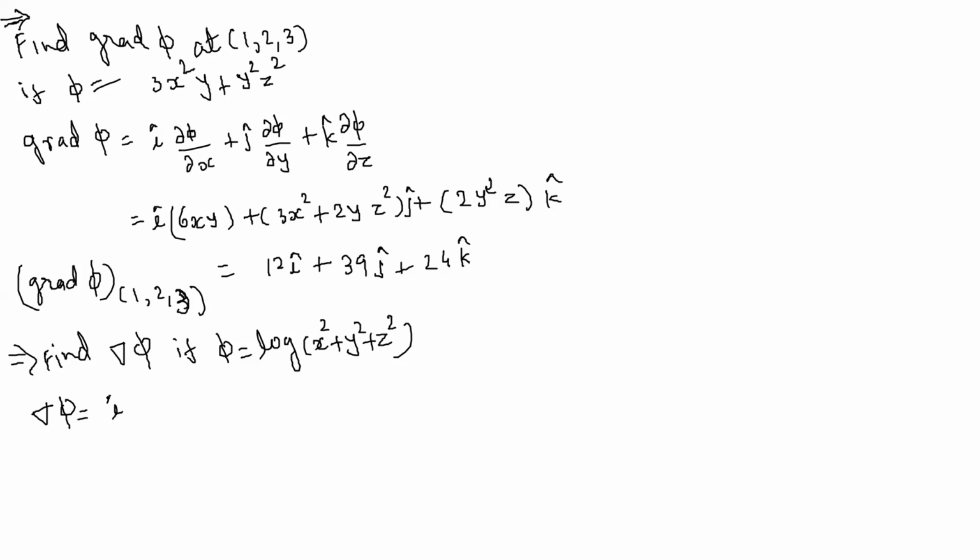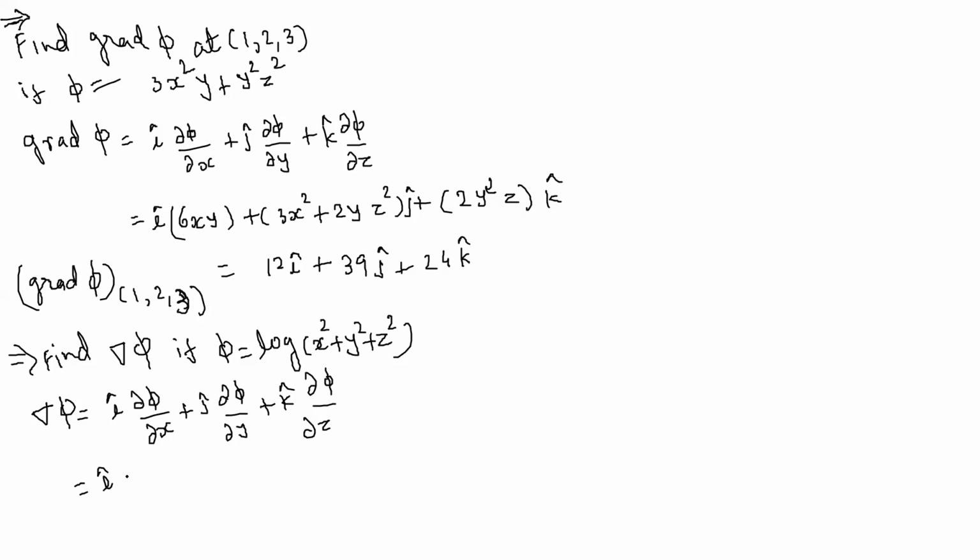It's not del into, it's i del phi by del x plus j del phi by del y plus k del phi by del z. Yes. This is equal to i cap, what is derivative with respect to x?